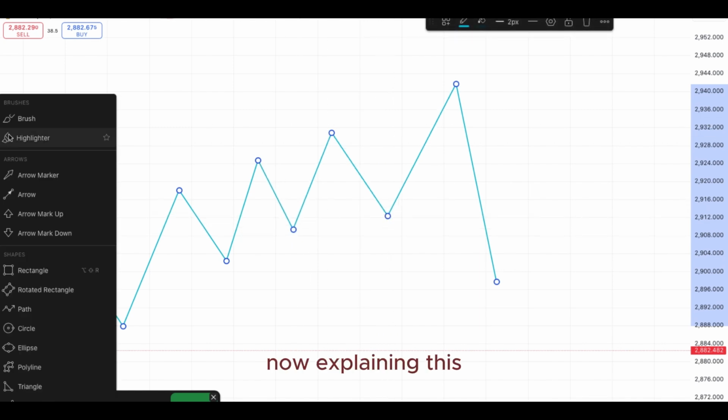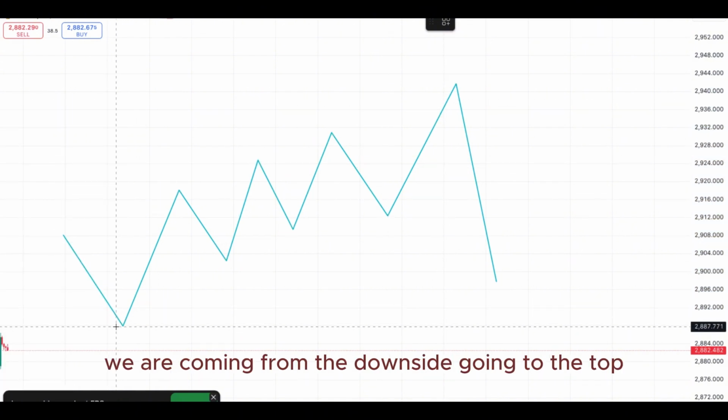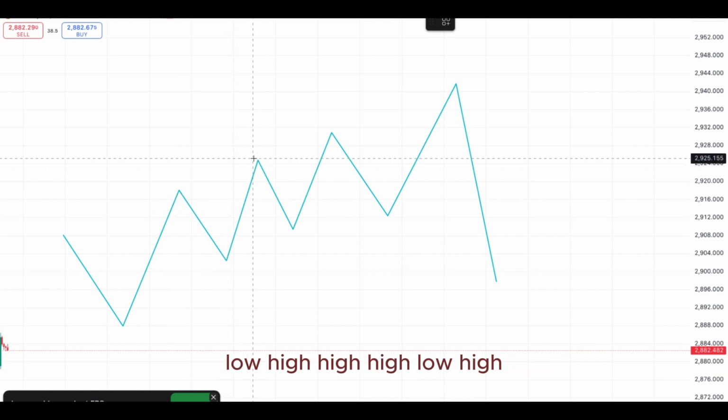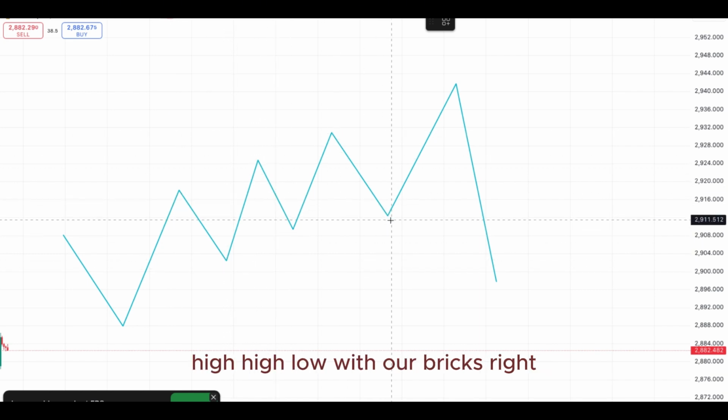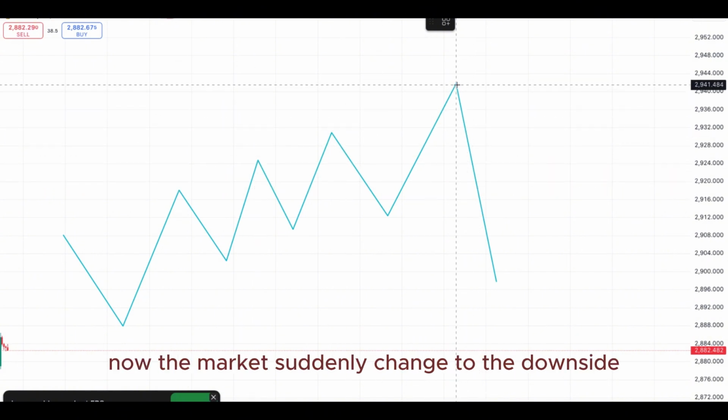Now, explaining this, I'll show you that we are coming from the downside, going to the top, we create a new higher high, higher low, higher high, higher low, higher high, higher low with our breaks, right? Our breaks are at the top here. Now the market suddenly changed to the downside.